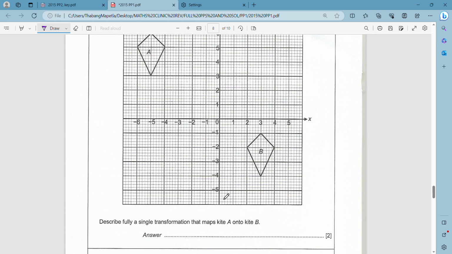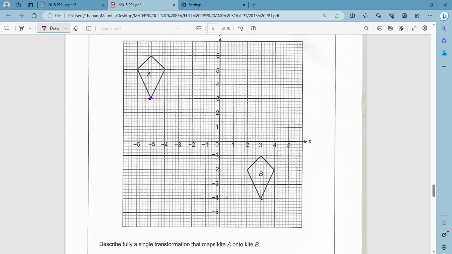So for sure, as easy as that is, it's simply translation. You're going to simply find a vector. You can use this tip and that tip there, or use the top ones. Just use the one you like, fellows.